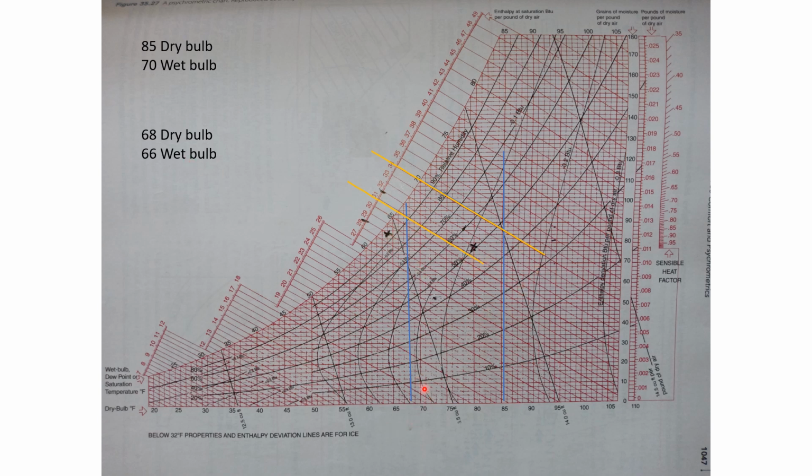Go ahead and plot it. 68 dry and 66 wet. Okay, and then so you have, this is our enthalpy for our first reading. When we want to bring the parameters down to here. So what's the difference? Yeah, no big deal, right? We just take the 34, we subtract the 31, and the answer is 3.